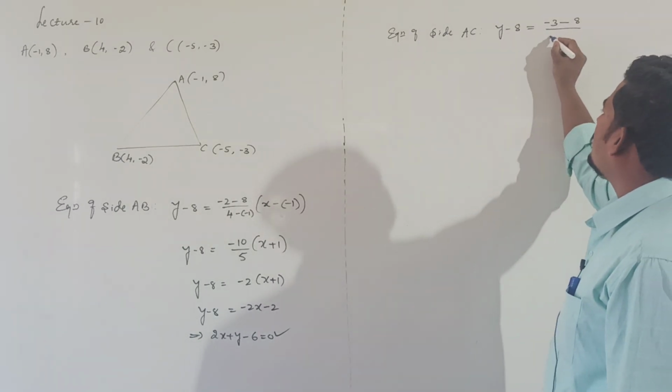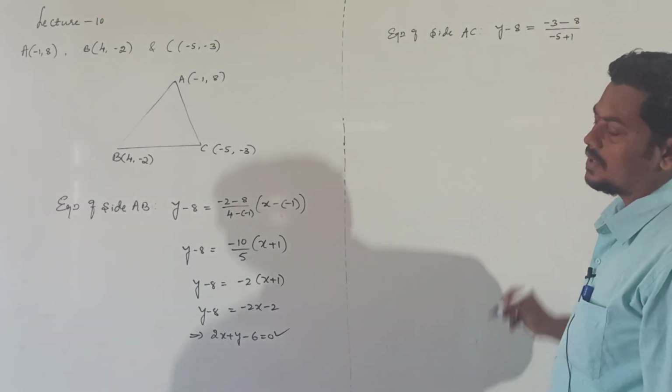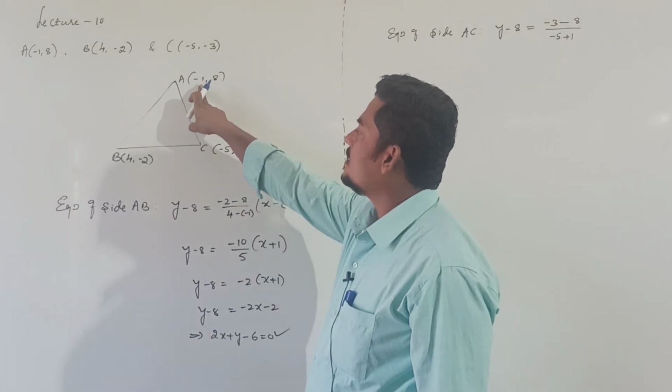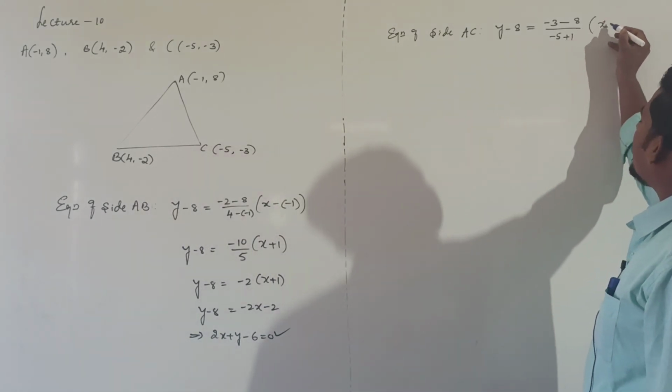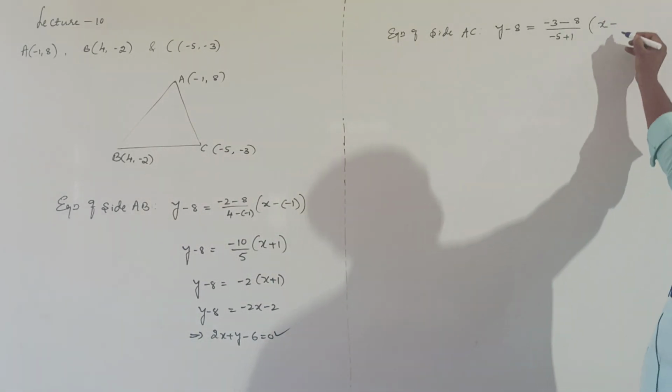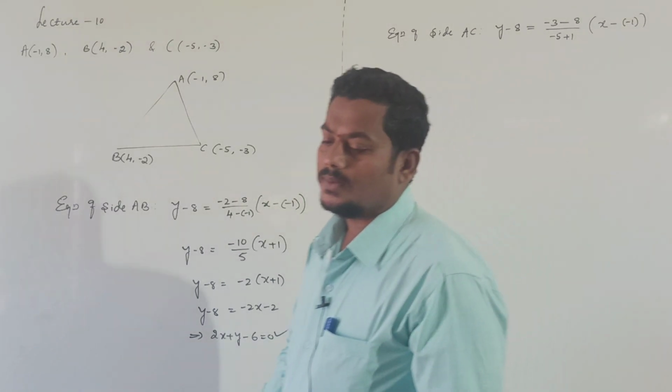That is minus 5 minus of minus 1, that is minus 4, right? It is x1, it is x2, into x minus x1, x minus of minus 1, the x1 value.